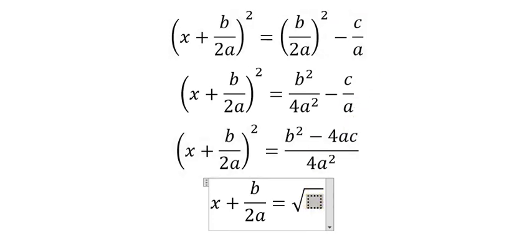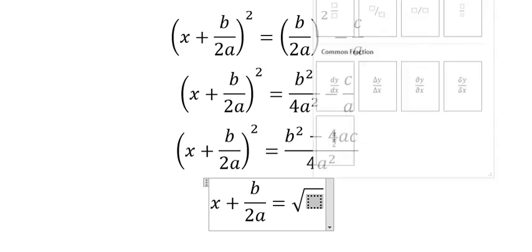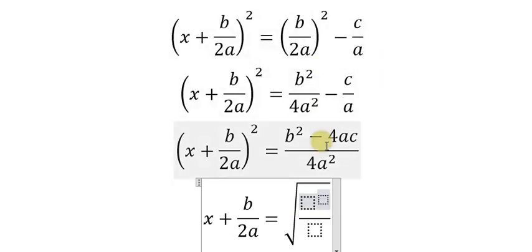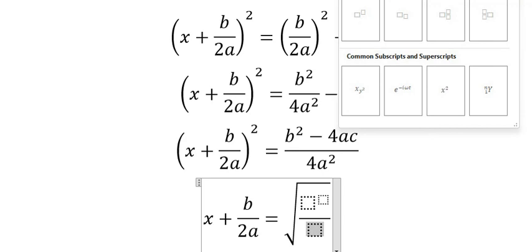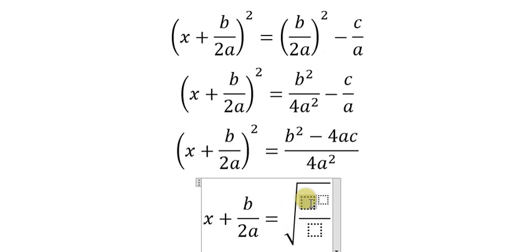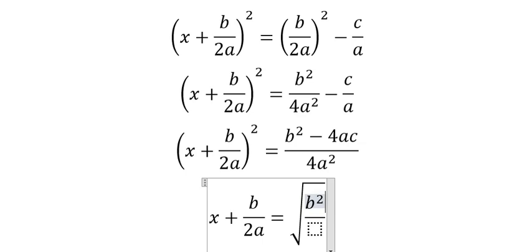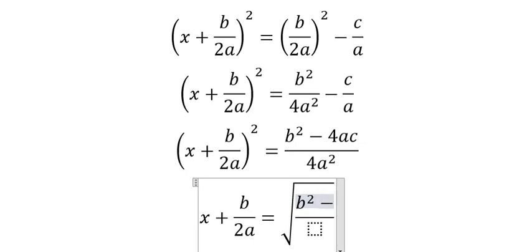then a fraction, and then we have this. Okay, and then so let's try to input it first and let's see what happens. So b squared minus 4ac.